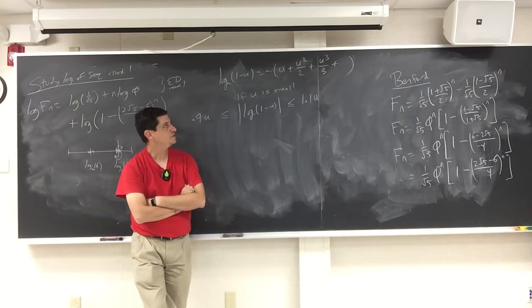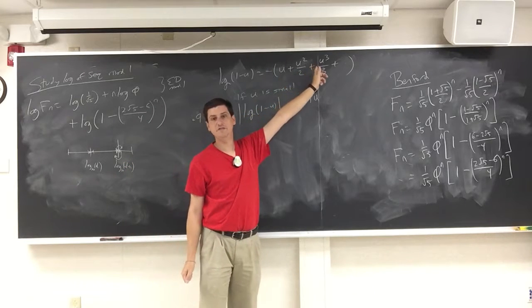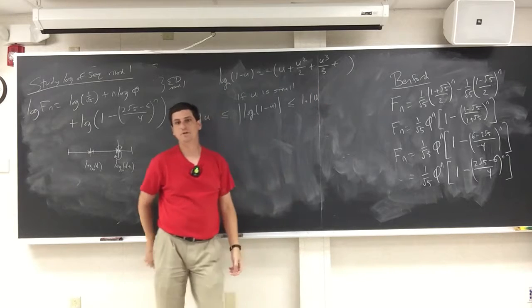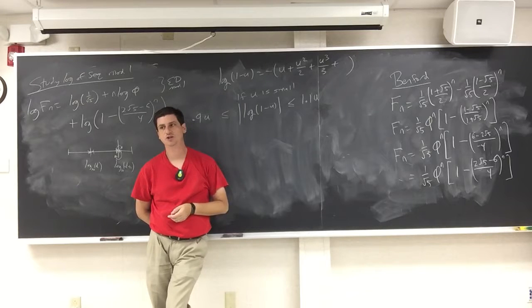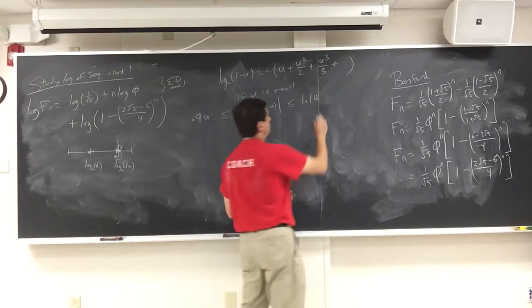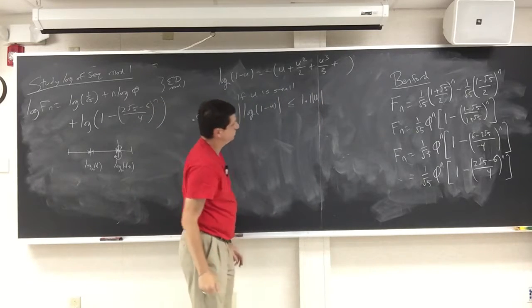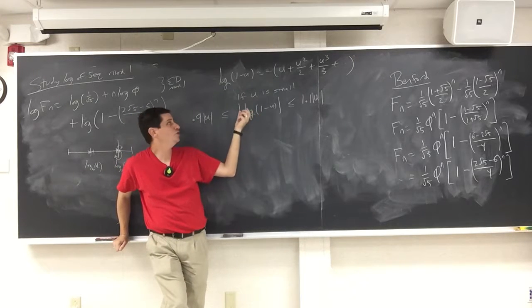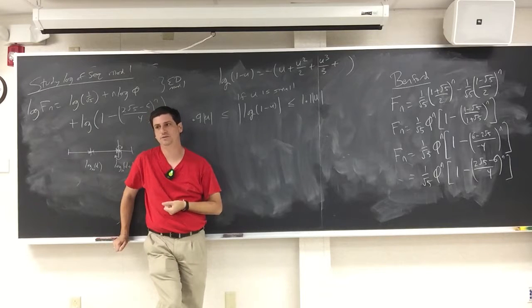You have to be careful because if u is negative, then the odd terms have different signs than the even terms. Okay, so then that means there'll be some cancellation. But if u is very, very small, u squared is so much smaller than u, it's not going to really matter. And then I should put u's in absolute values now because u could be negative. So with a little bit of algebra, you can show something like this. So you know that the log of 1 minus u is approximately the absolute value of u.